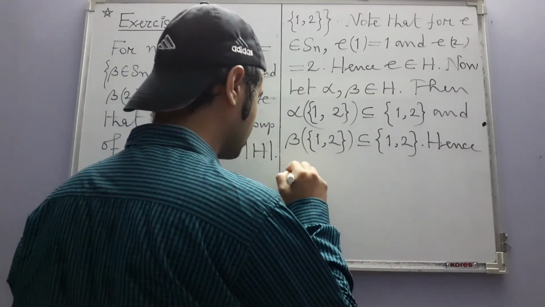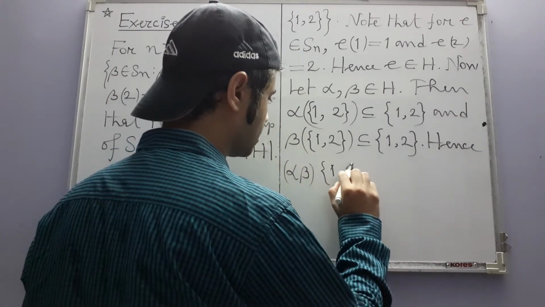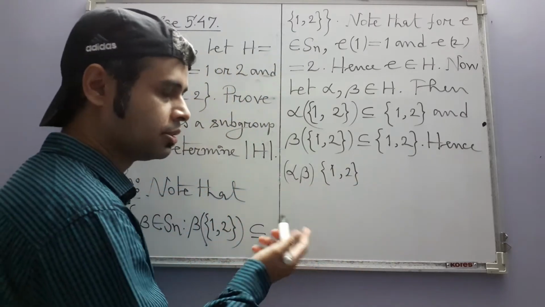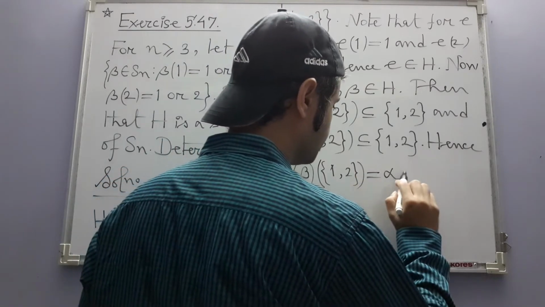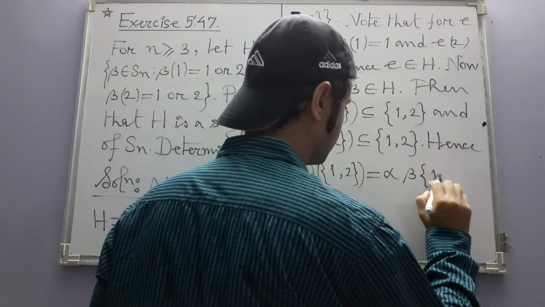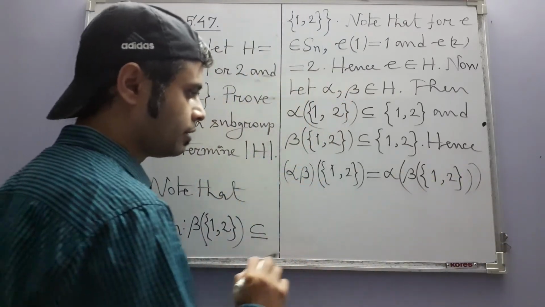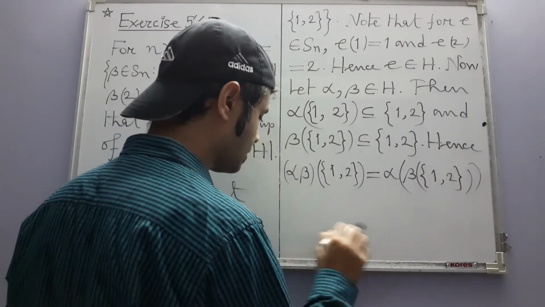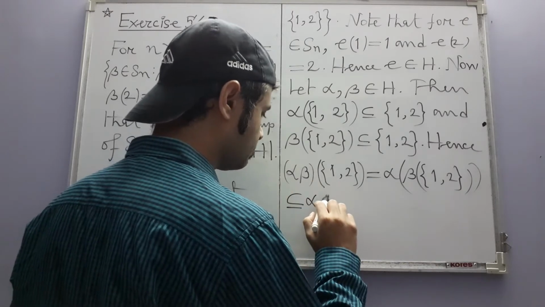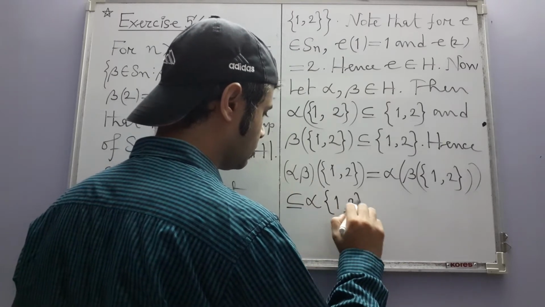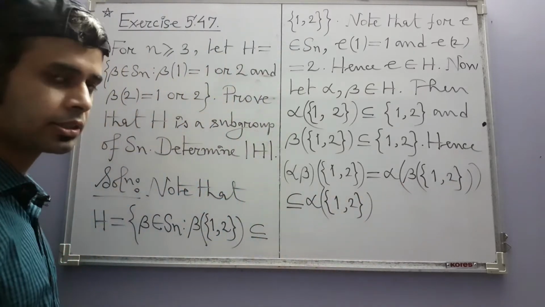Hence, the alpha beta image of 1, 2, this of course means composition of mappings, that is the binary operation in Sn, is equal to alpha of beta of 1, 2 because it is composition, and then by that thing that I said just now, this is contained in alpha of 1, 2 because beta of 1, 2 is contained in 1, 2 as a subset.